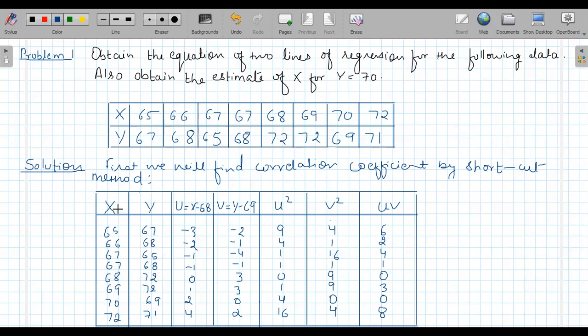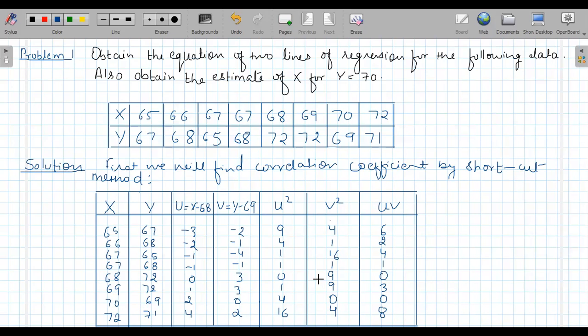To find the correlation coefficient, we first find u, which is the deviations of the values of x from 68, and v, the deviations of the values of y from 69. Then we find u square, v square and the product of u and v. We are changing the scale of these values because the correlation coefficient is independent of change of scale.